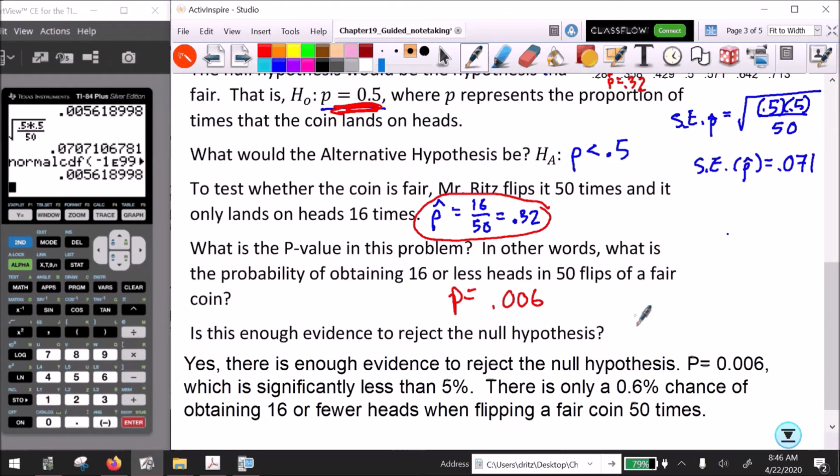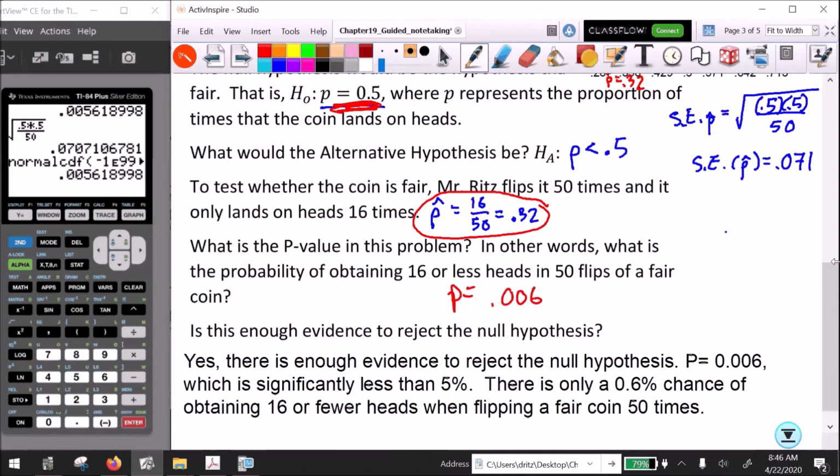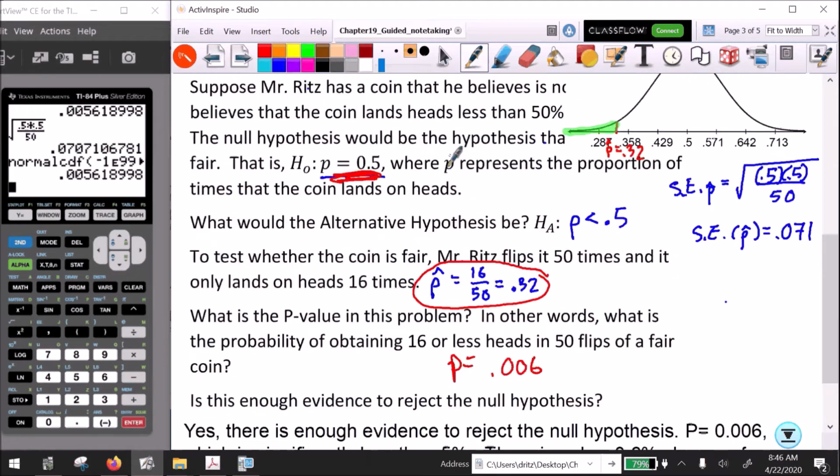Alright, so just to recap. First step, what you want to do is set your null and alternative hypotheses. Then you find your sample proportion and plot it under a probability model that's constructed based on the null hypothesis.